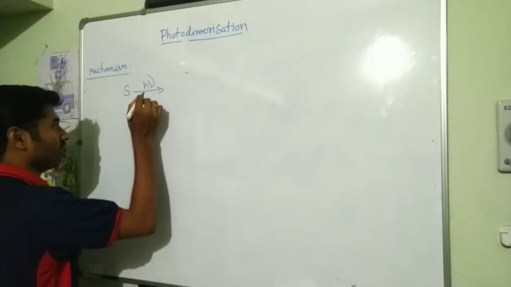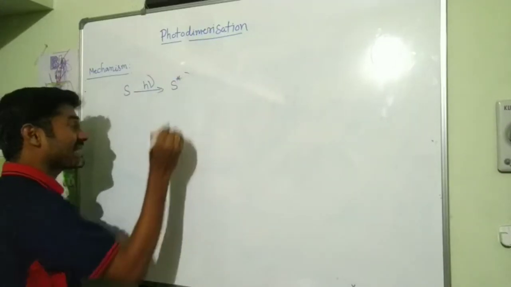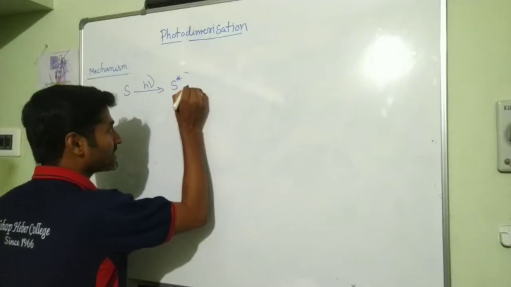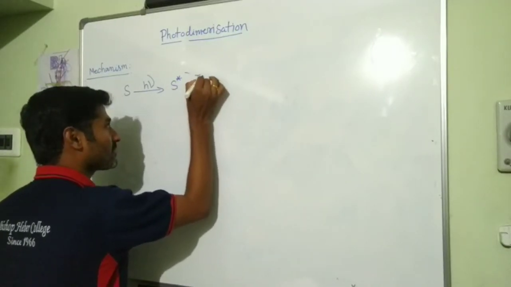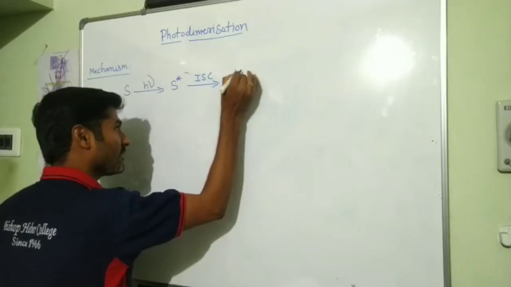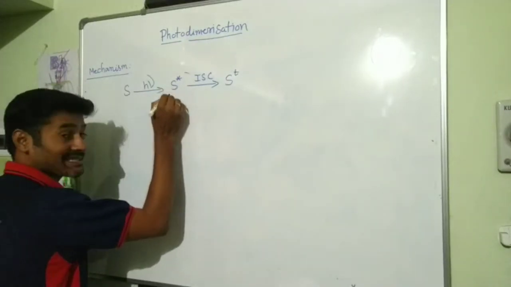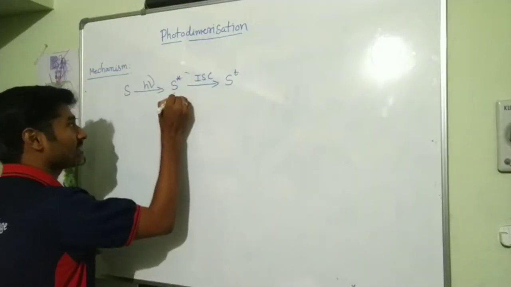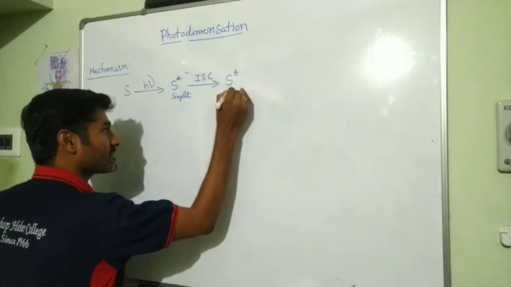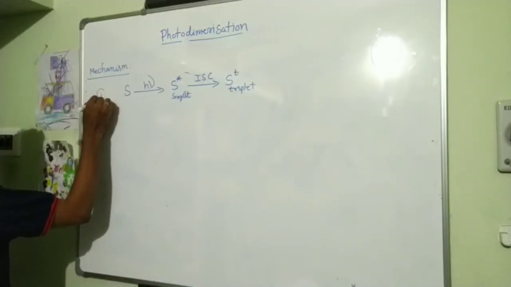In presence of photochemical condition, your sensitizer will go to the excited singlet state, and from the excited singlet state, by intersystem crossing, your sensitizer will attain the triplet state. This is the first step.